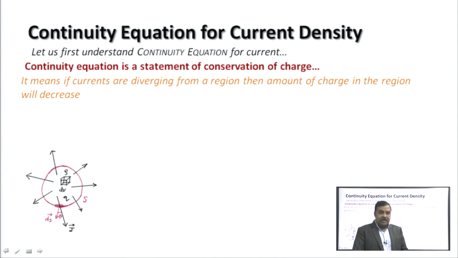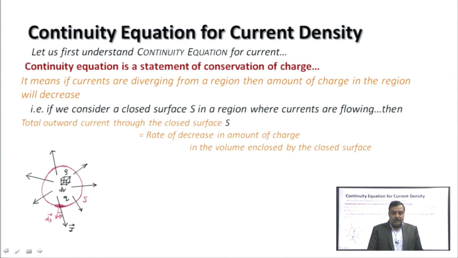Current density is J at a surface element ds. That is, if we consider a closed surface S in a region where currents are flowing, then total outward current from the closed surface S will be equal to rate of decrease in amount of charge in the volume enclosed by the closed surface.